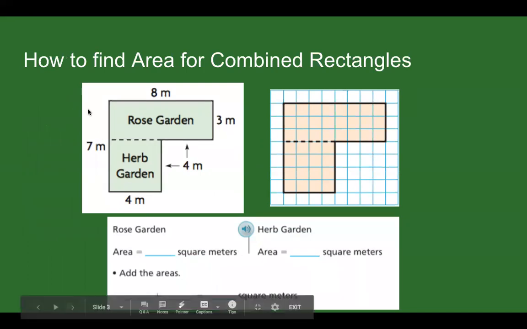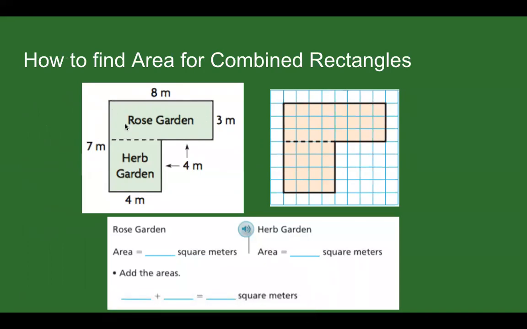Here we have a figure, and you'll notice that there are two areas being combined. One area is called the rose part of the garden, and this is the herb part of the garden. The whole figure represents the whole garden, but this section is only roses, and this section is only herbs.